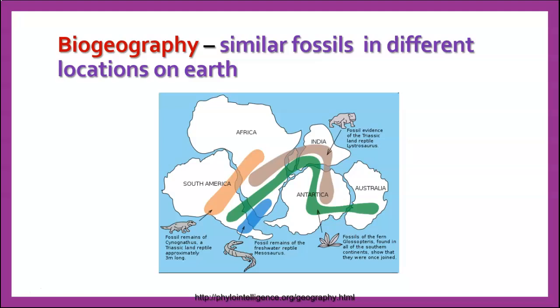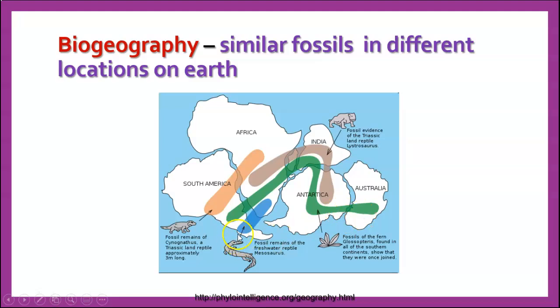The southern continent was called Gondwanaland, and it was mostly composed of South America, Africa, India, Antarctica, and Australia. There are various fossil remains of certain dinosaurs, certain ferns, and other kinds of organisms that are found in very different areas, from Central South America all the way to Central Africa, Africa to India to Antarctica, and so forth.